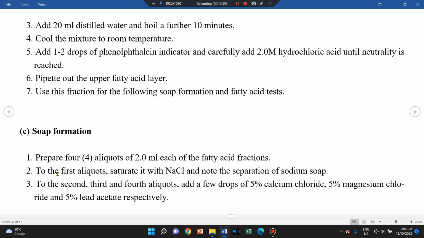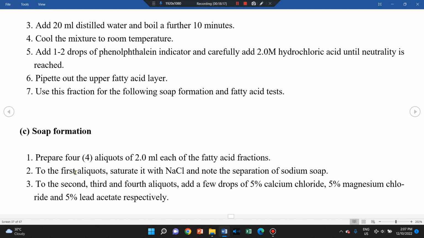In the soap formation experiment, they will say prepare 4 liquids with 2 ml. You will see only sufficient to prepare 0.5 ml or less for each test tube. But it's okay, we have done it, and it turned out to be a full experiment, no doubt. So assuming you have 4 test tubes added with say 0.5 ml, if you get 2 ml each, fantastic. 0.5 ml also will do.